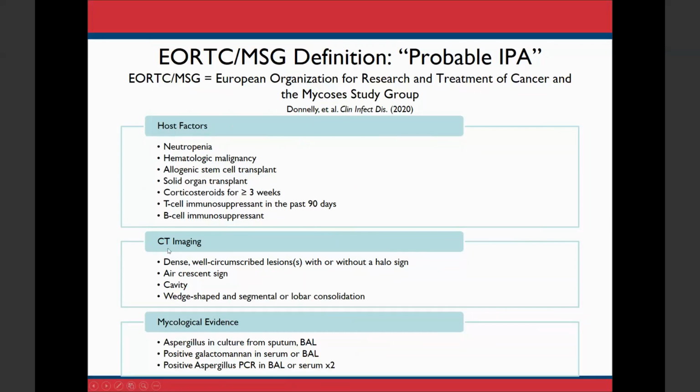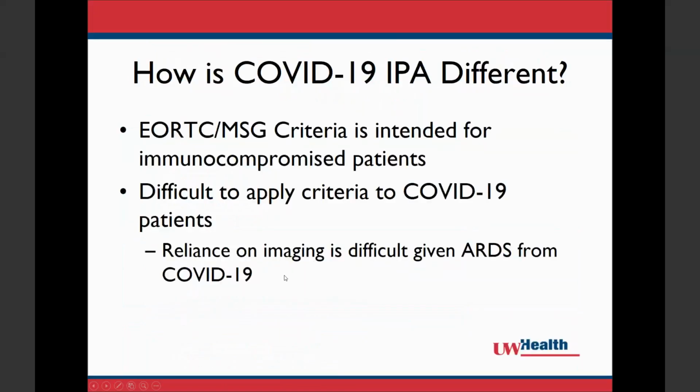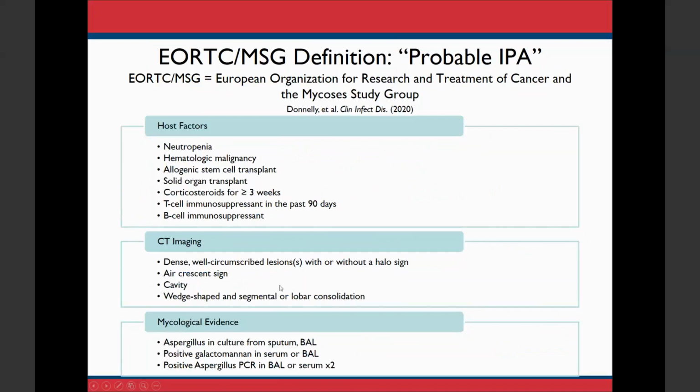So again, the lesions with or without a halo sign, cavitary lesions, or a wedge-shaped consolidation. And then lastly, the mycological evidence, so using the BAL cultures and the BAL galactomannan to help us think about Aspergillus as a diagnosis.